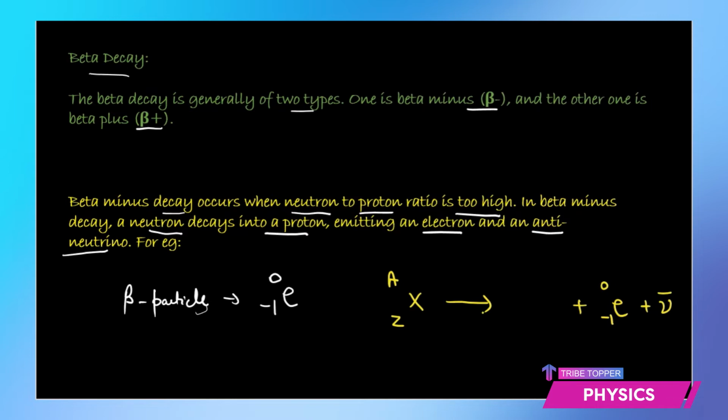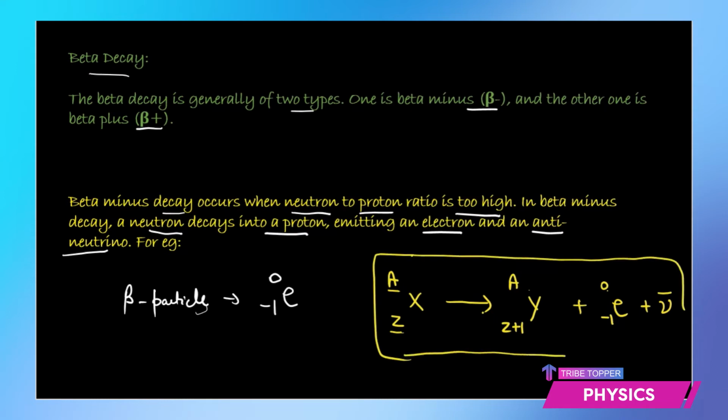So what should be the new nucleus atomic number and mass number to maintain conservation? Z becomes Z plus 1 and A remains A, because on the left side was A, and on the right side A plus 0 gives you A, and on the left side was Z, then Z plus 1 minus 1 gives you Z. So this maintains the charge and mass conservation. You have this as the general equation for beta decay.